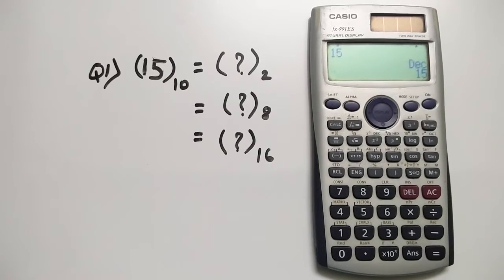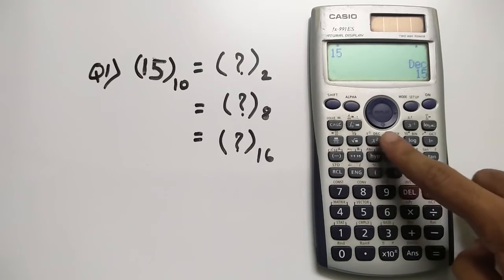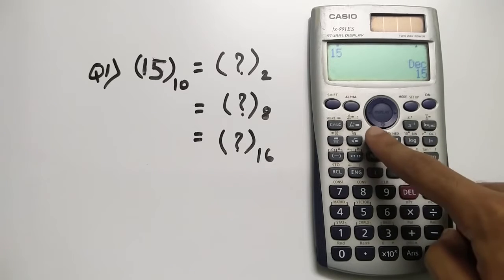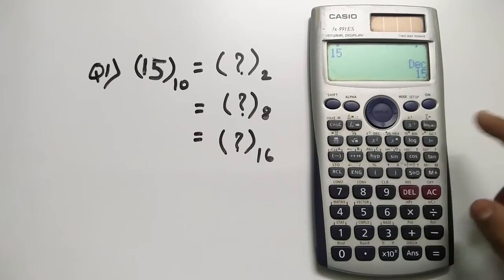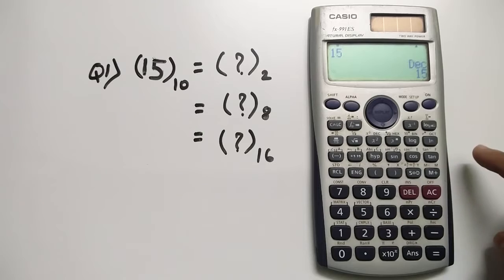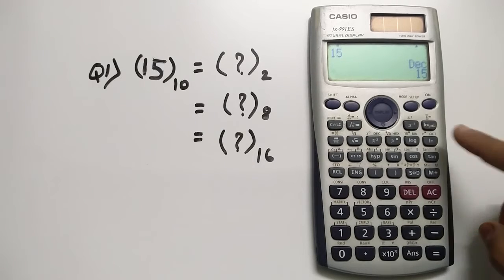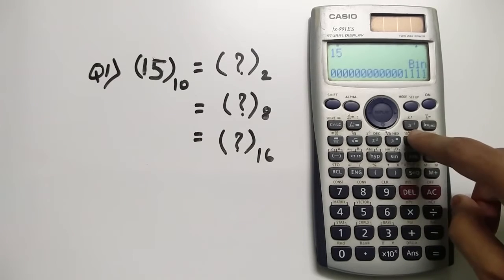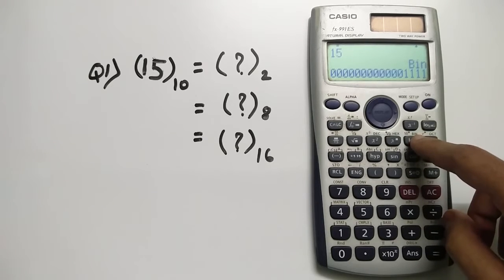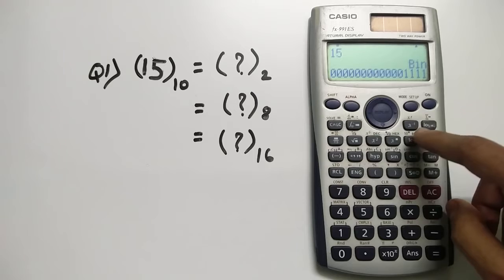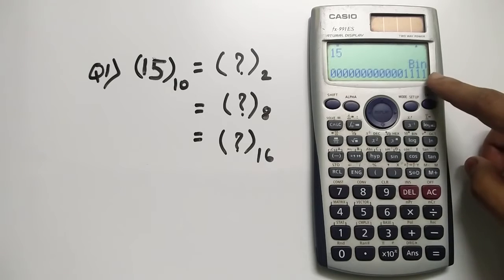I'll click equal to. Now I just need to convert it to other three values, that is binary, octal and hexadecimal. So these are the four buttons which you need to keep in mind in order to switch between the different number systems. So to change it to binary I'll click this button, and as you can see it's showing a long number, but we are only interested in the 4 digits starting from the right.